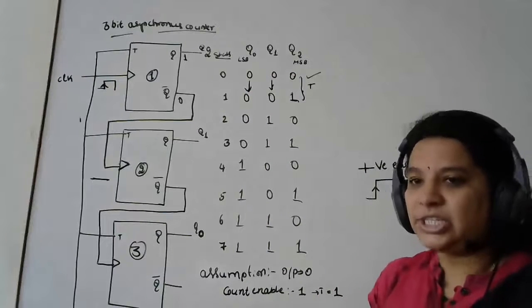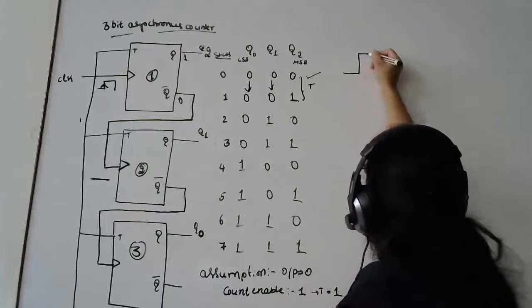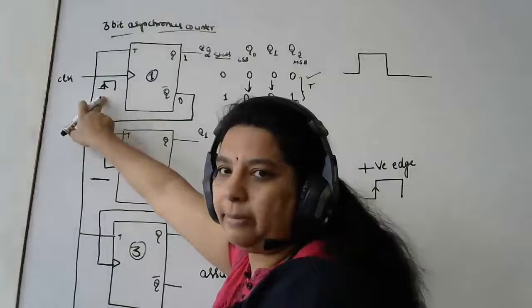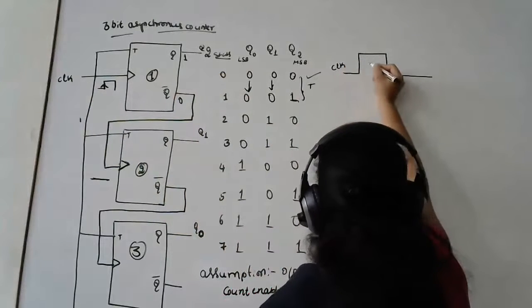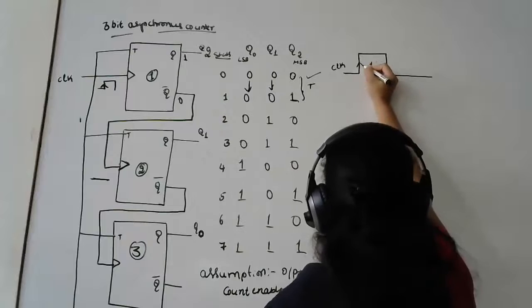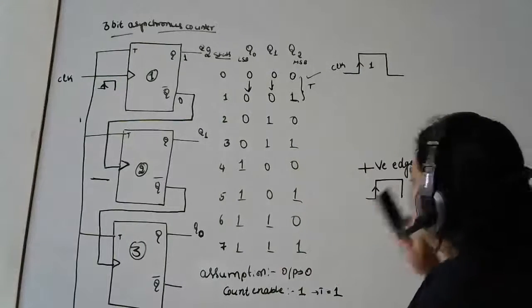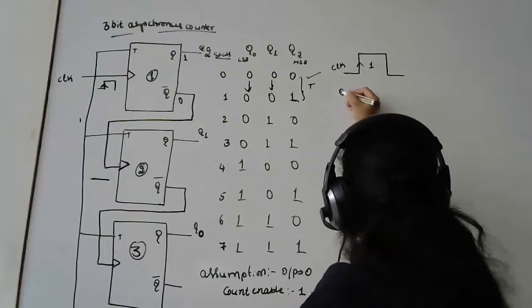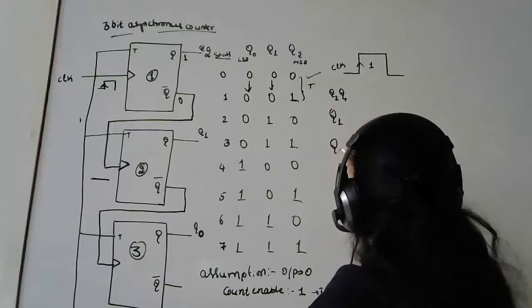So in the first clock, which clock am I taking as a reference? This clock I am taking as a reference. When I applied my first clock, I take the outputs as Q2, Q1 and Q0.